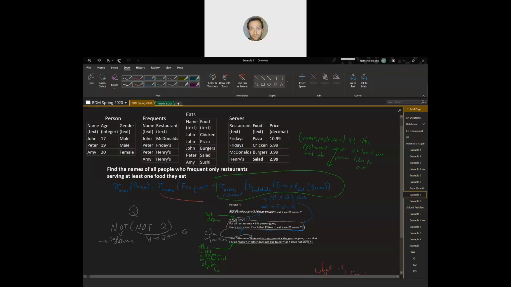And so, how about this part? Now we're expanding this. So it's a set difference. How would you phrase what the set difference is doing?